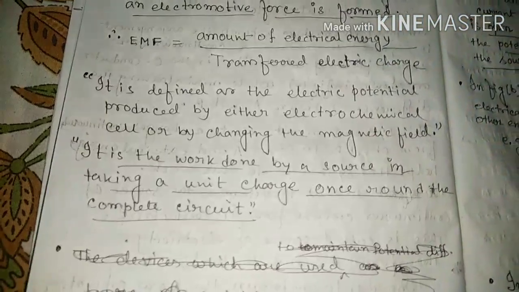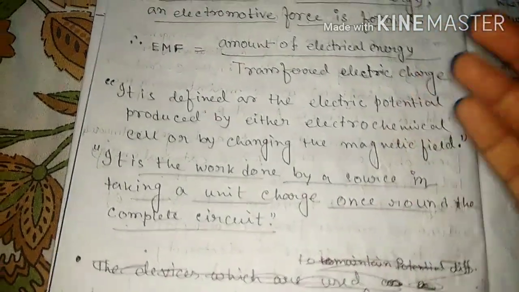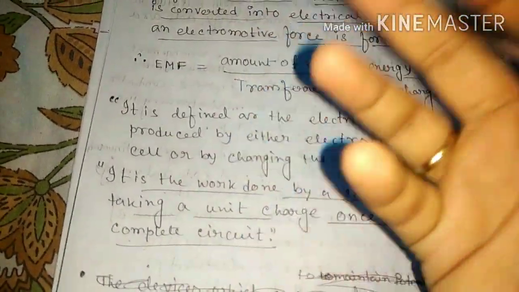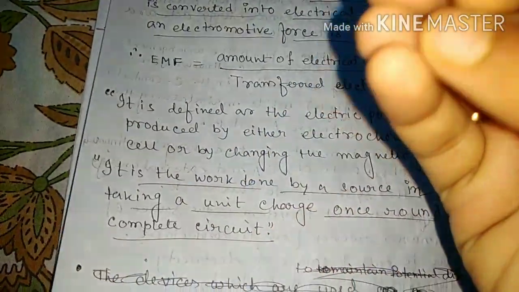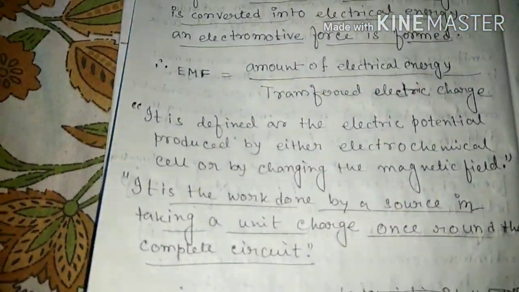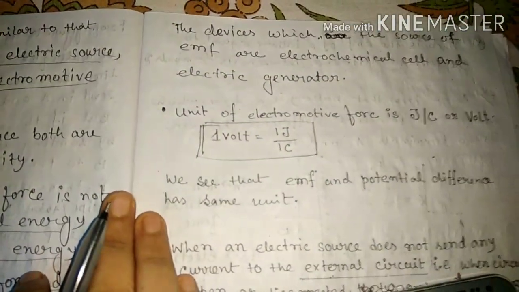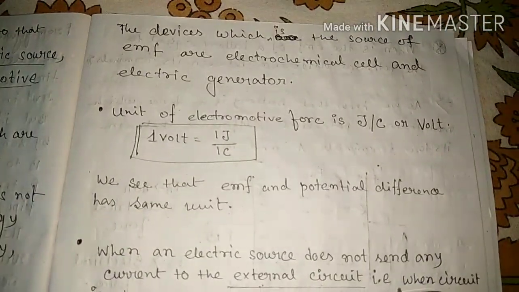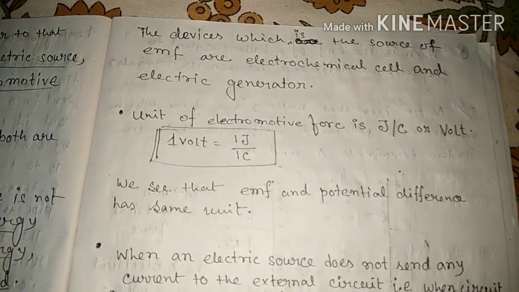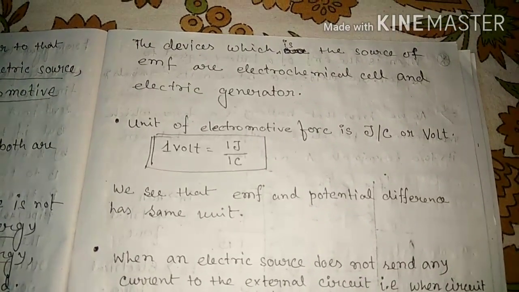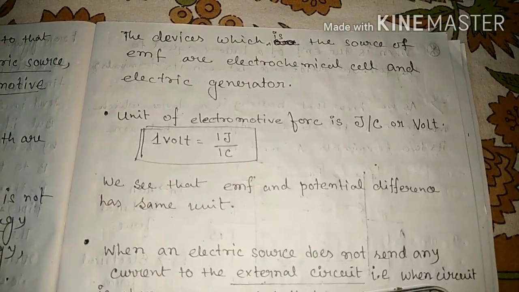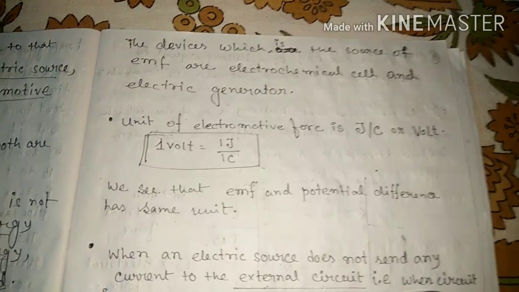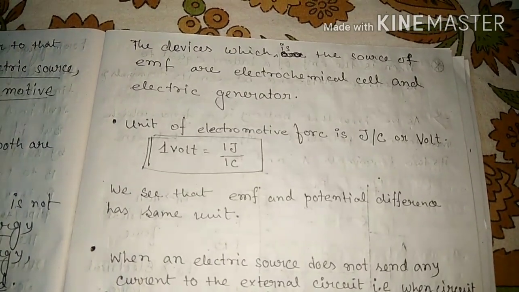The devices used as a source of EMF are the electrochemical cell and the electric generator. You know the electrochemical cell from chemistry: the cells are torch batteries, normal batteries. And you know the electric generator.